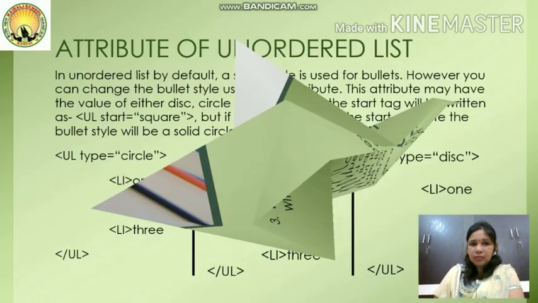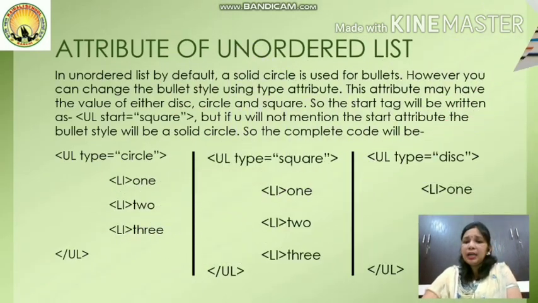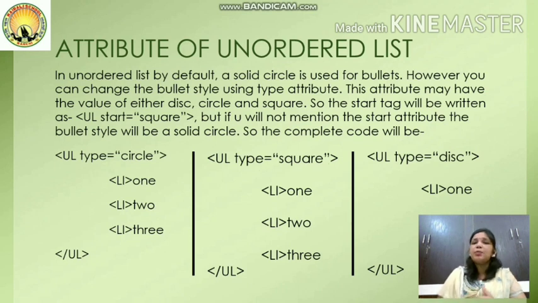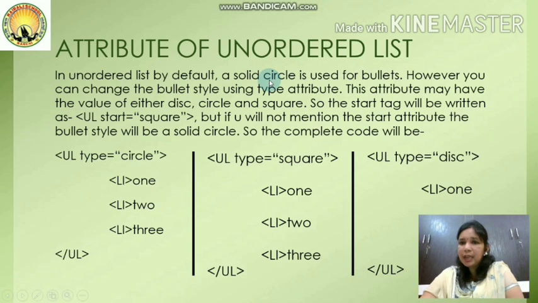So now attributes of unordered list. How to change the bulleting style? By default, a solid circle will be displayed. If you want to change it to a circle or a square, you'll have to use one attribute, that is type attribute. So three forms I have given here. First one, type equals to circle. Hollow circles will be given in front of 1, 2, 3.